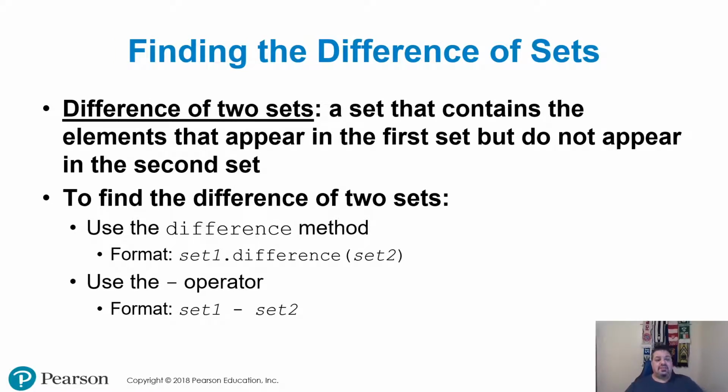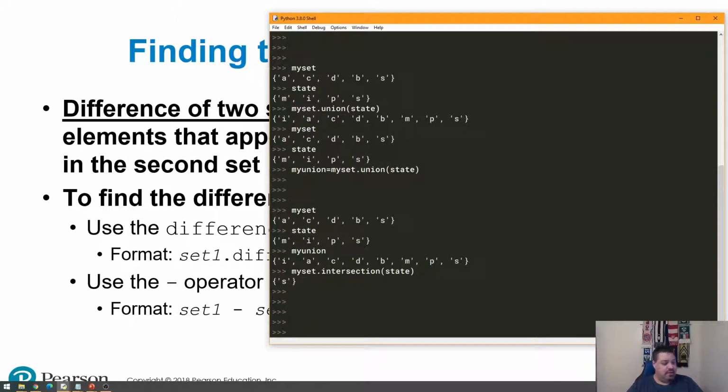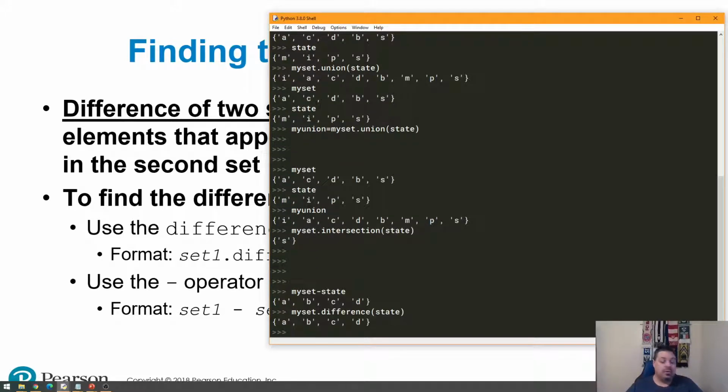The difference of sets, you can actually say set 1 minus set 2, so we can say my set minus state, and that's what the difference is between those. It's also difference, so my set dot difference state, sorry, all right. Get the same result.